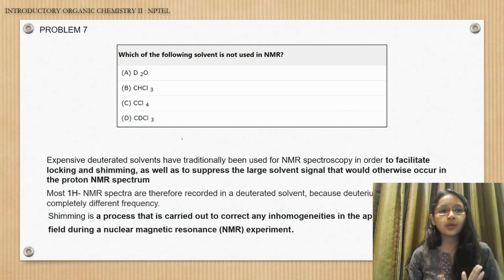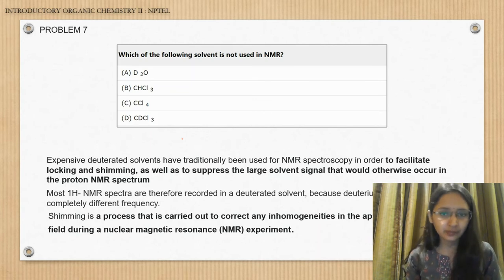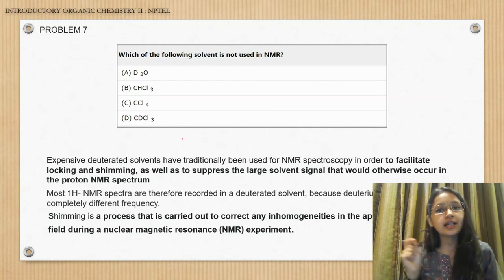So this is the explanation. Deuterated solvents are traditionally very expensive, but we use them in NMR because deuterium doesn't show up at the same resonance frequency or the same magnetic field as the proton. The magnetic field at which it resonates is very much higher than the proton.